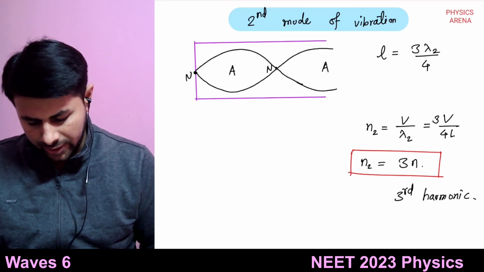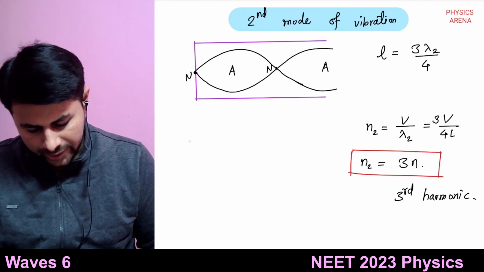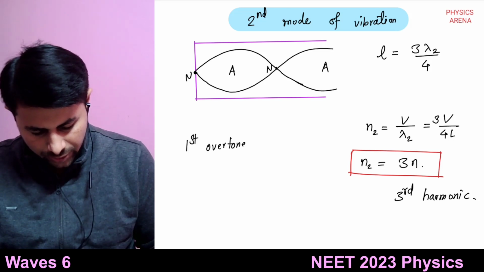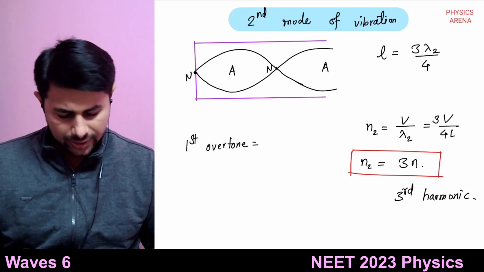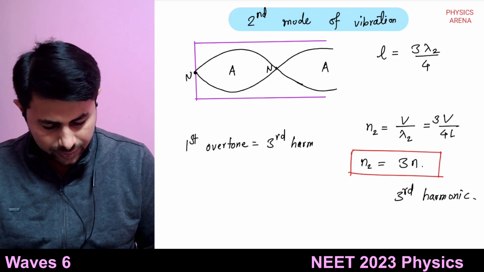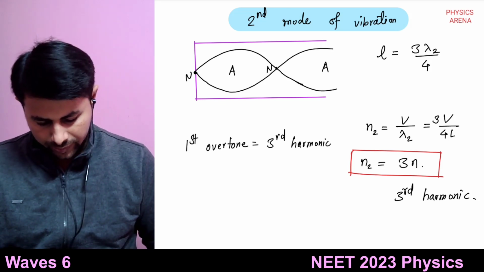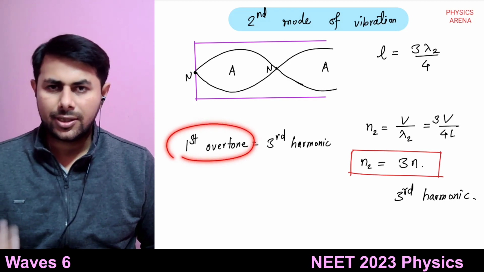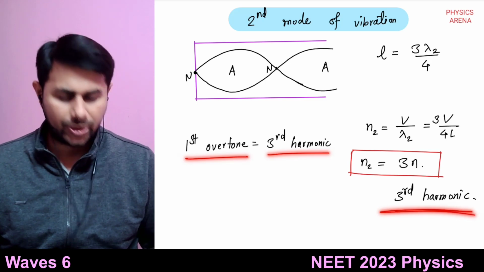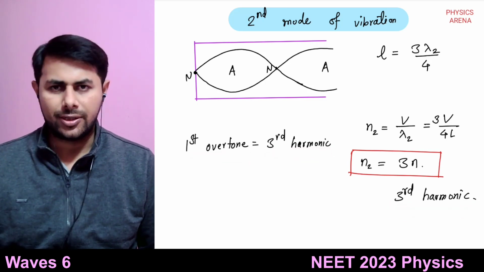Right? So see, what is the first overtone? The frequency of the first overtone here is equal to the third harmonic. Okay. The frequency of the second mode of vibration is called the first overtone, and it is equal to what? Third harmonic. Harmonic means multiple only.